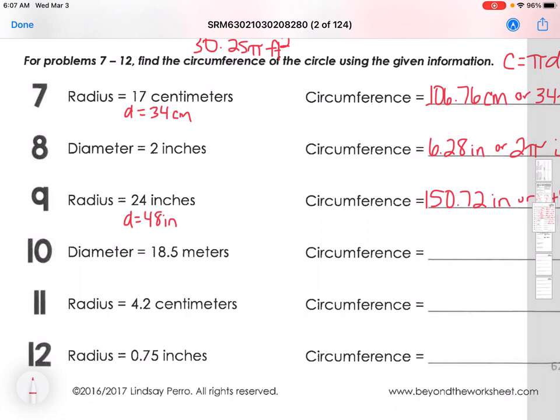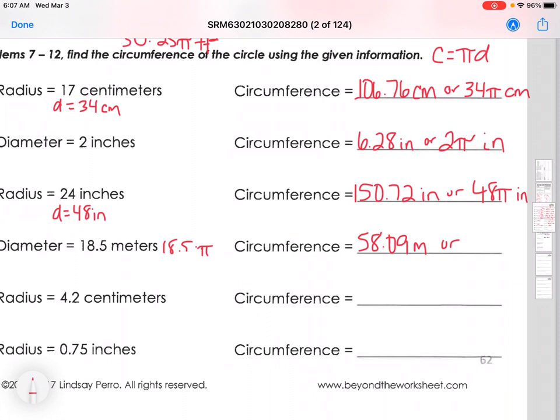10, our diameter is 18.5 meters. So 18.5 times pi, which is 58.09 meters, or 18.5 pi meters.